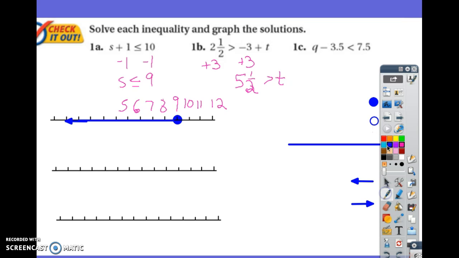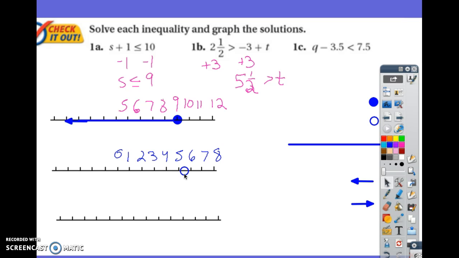Oh, first we have to label our graph. Let's do a different color, blue. Okay, so we're going to go 0, 1, 2, 3, 4, 5, 6, 7, 8. Open circle on 5.5, and our t has to be less than, 5.5 is greater than our t.